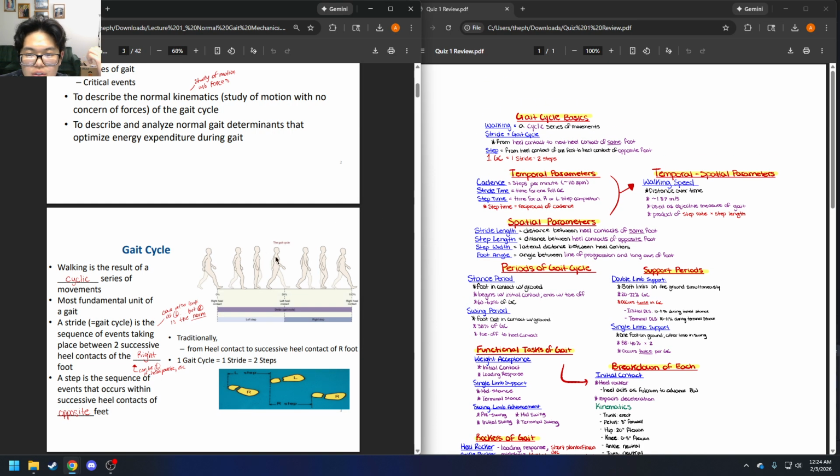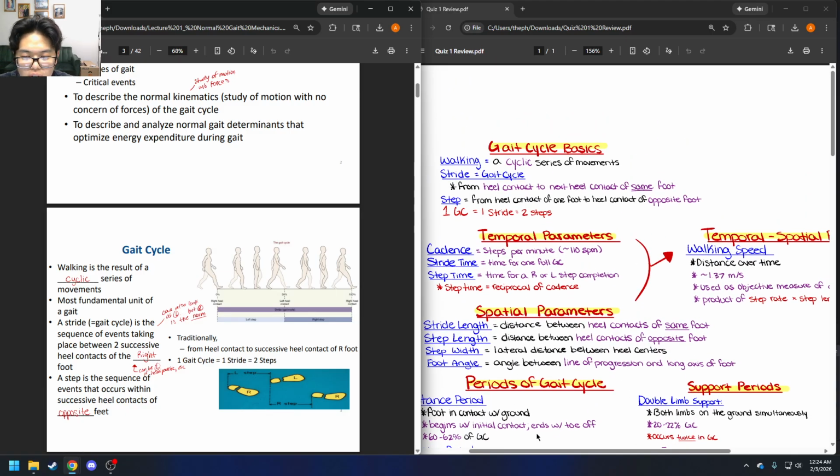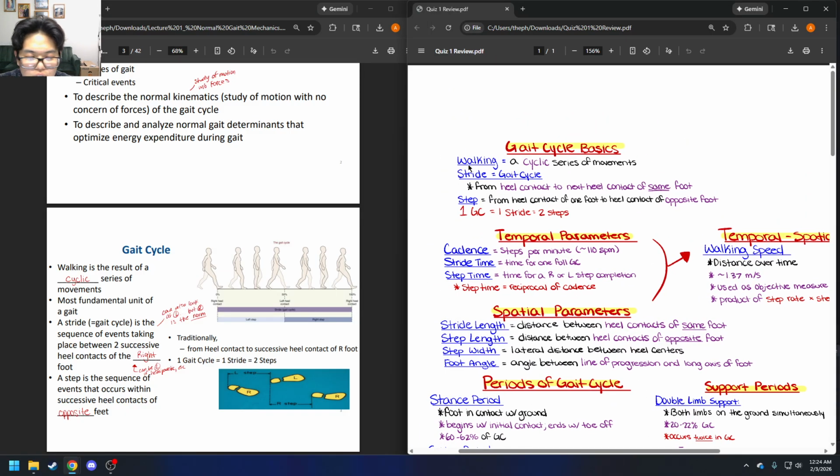The gait cycle is going to be a cyclic series of movements, and that's basically just what walking is. The gait cycle itself is going to be a stride, so they are interchangeable, kind of. A stride is a gait cycle, and a gait cycle is determined by the successive heel contact to the next heel contact of the same foot.